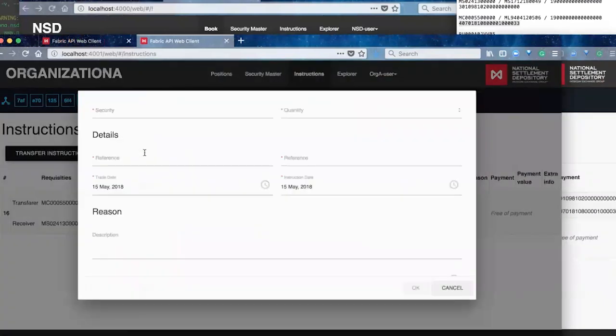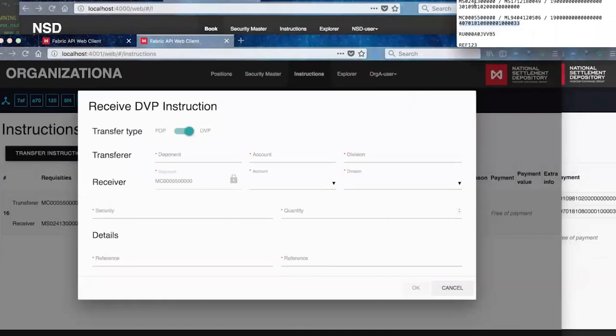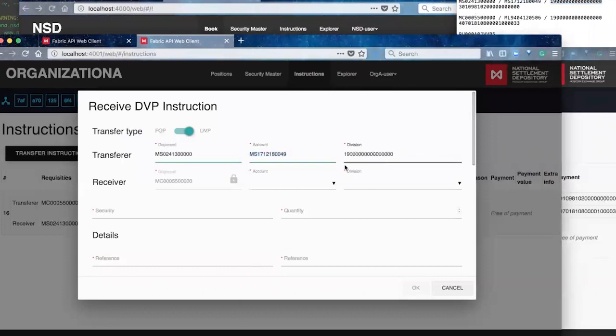So we see here the status, as you saw in the previous screen, when one party has initiated, it will sit in that initiated state, waiting for the other counterparty, or waiting for essentially a matching record to be posted to the blockchain through the instruction smart contract.